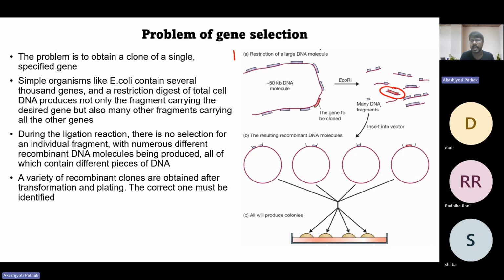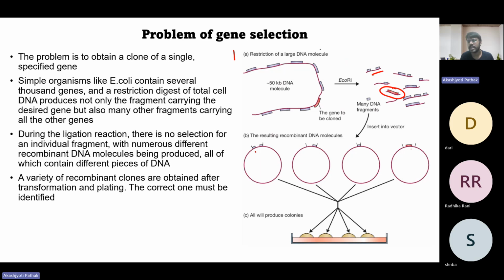Then all these DNA fragments are cloned into a vector. You see here, this fragment is cloned into one of the vectors, and all these fragments have been cloned into different vectors.